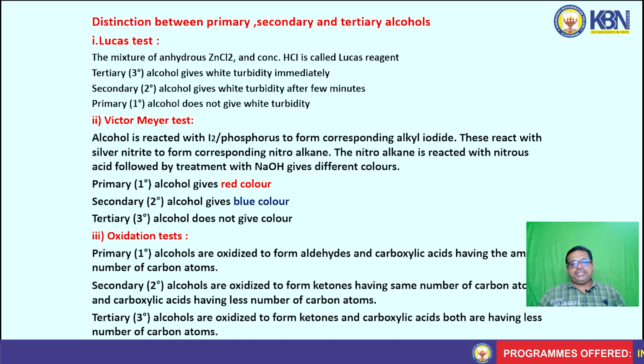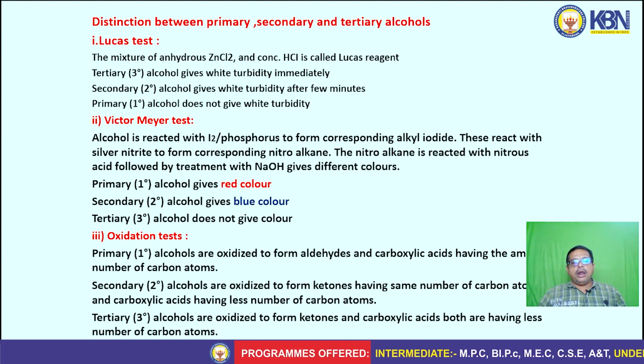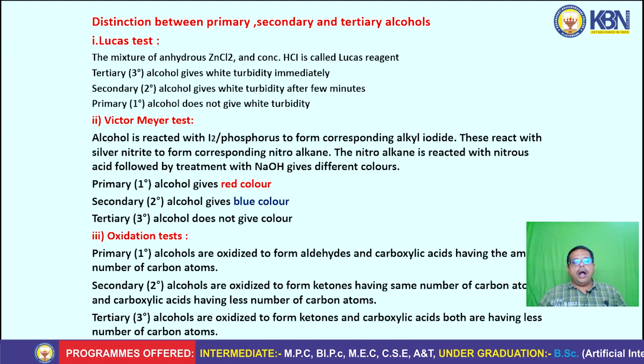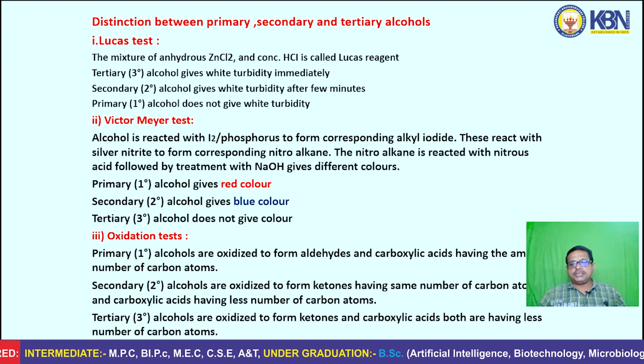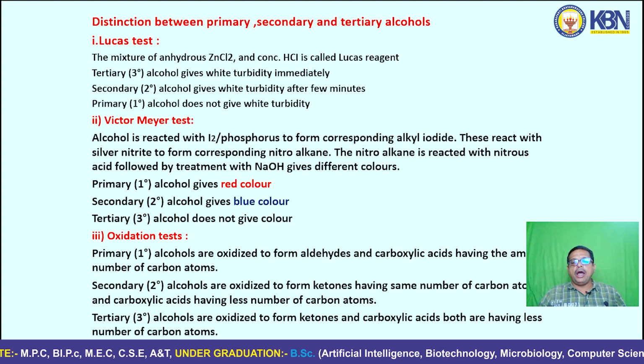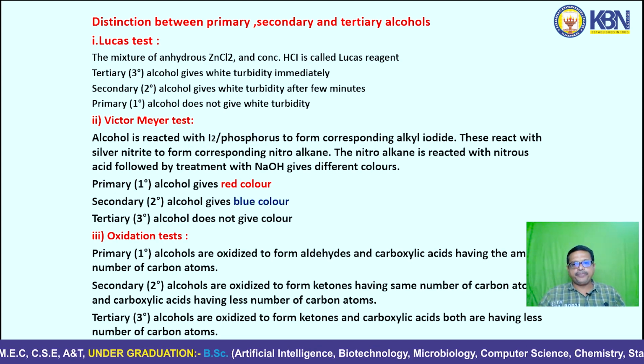The next test is the Victor Meyer test. When alcohol is reacted with phosphorus and iodine, it forms the corresponding alkyl iodide. This is the first step.